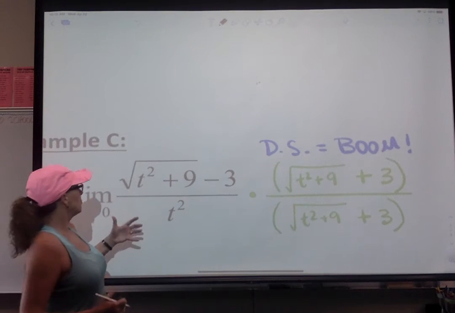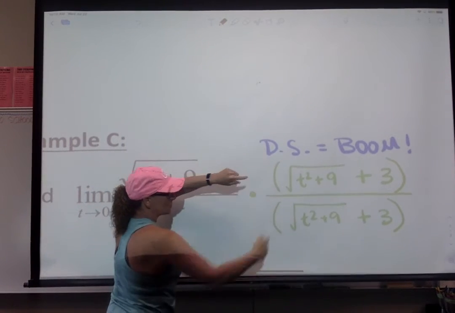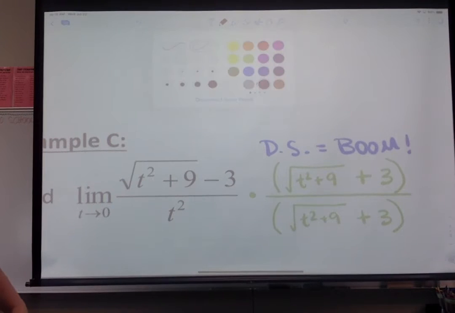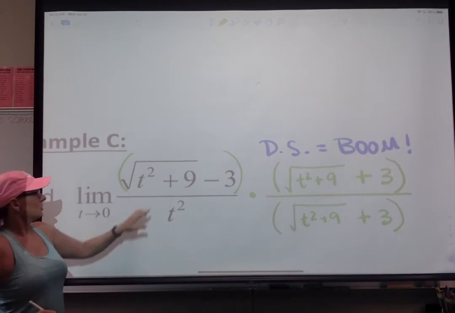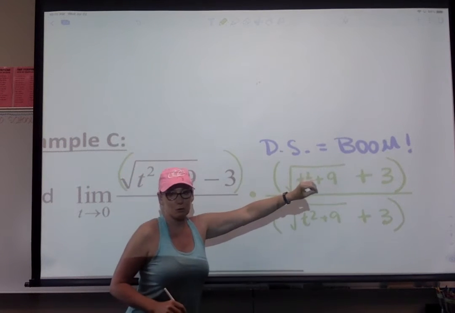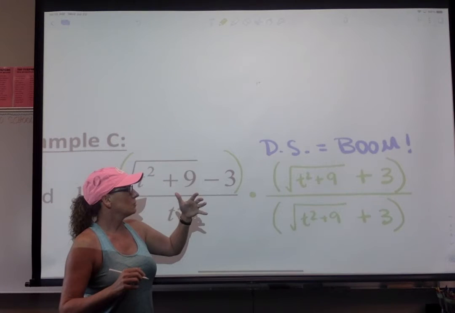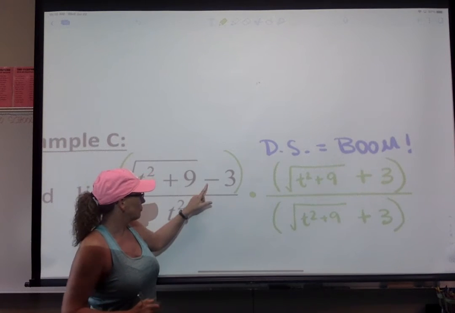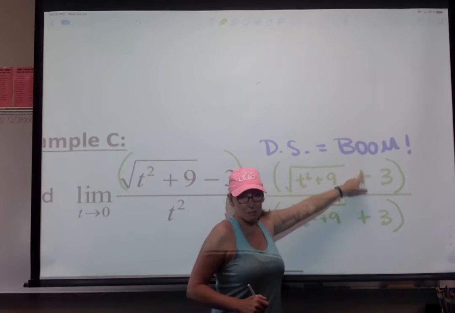Okay, so in my numerator, I have this quantity, a binomial, times this quantity, a binomial. You need to FOIL. You got a binomial and a binomial, you're multiplying them. You need to FOIL. But when we FOIL, in this case, remember how you deliberately made this one a plus in the middle?